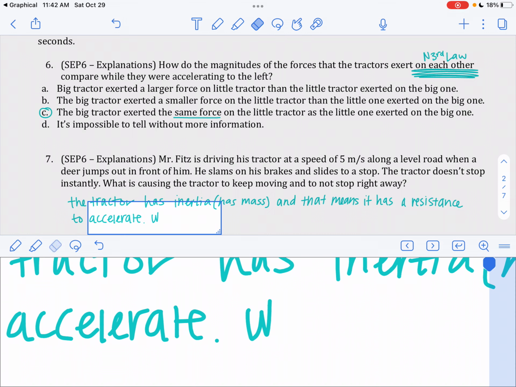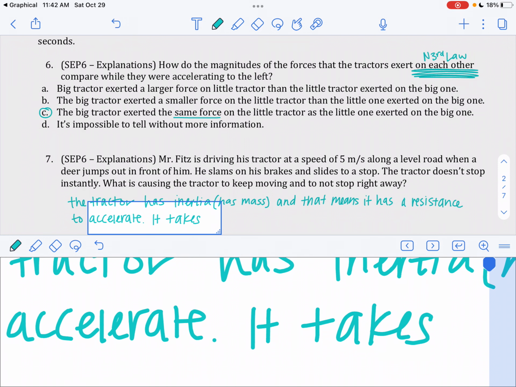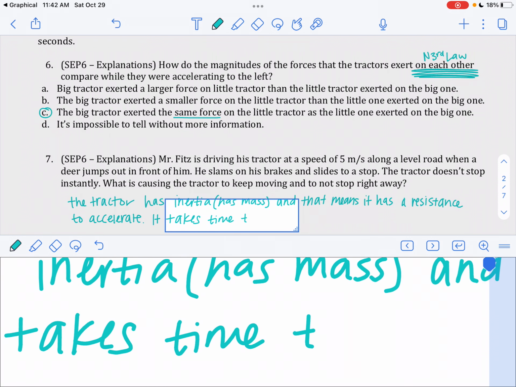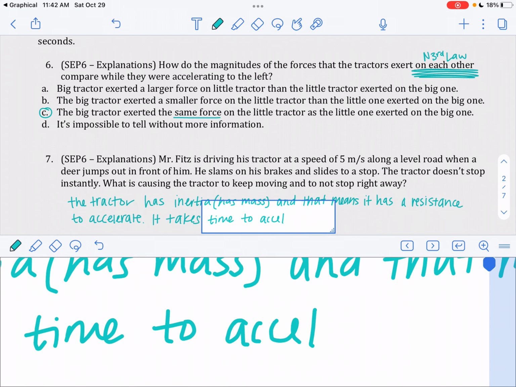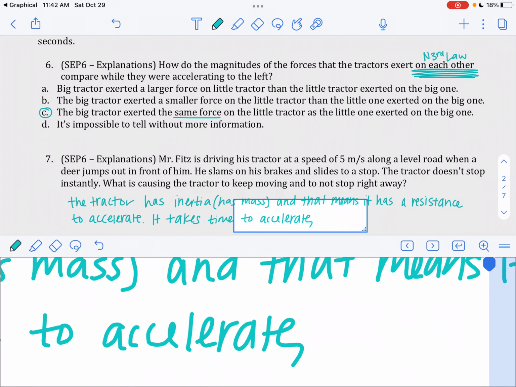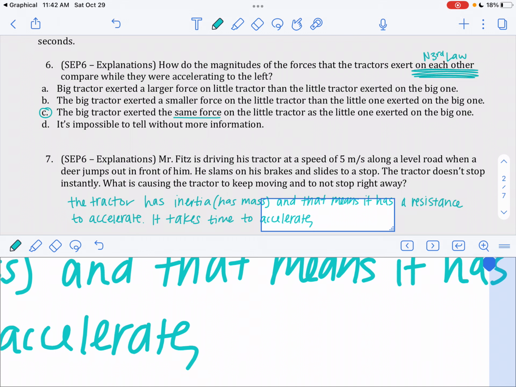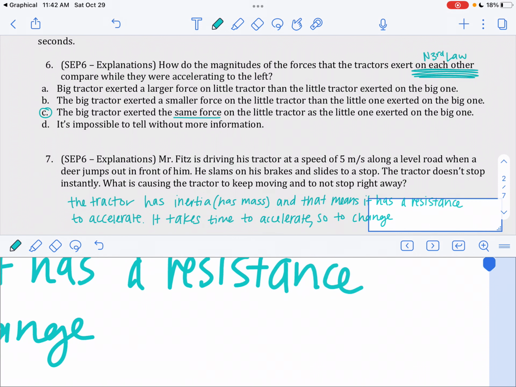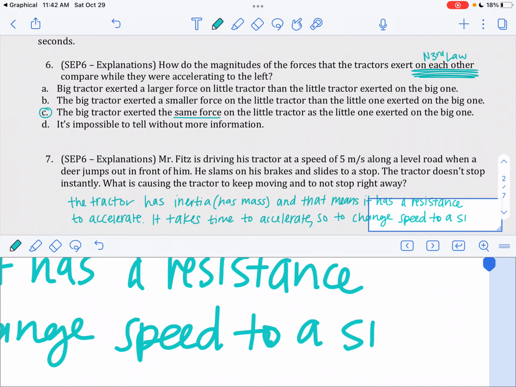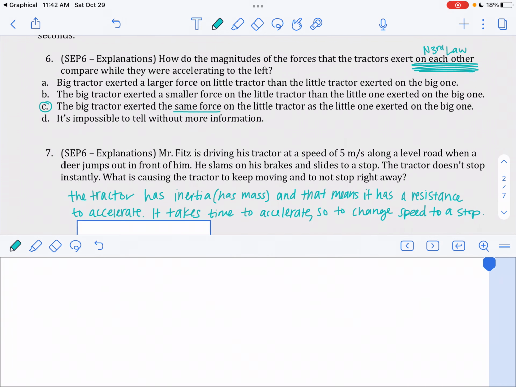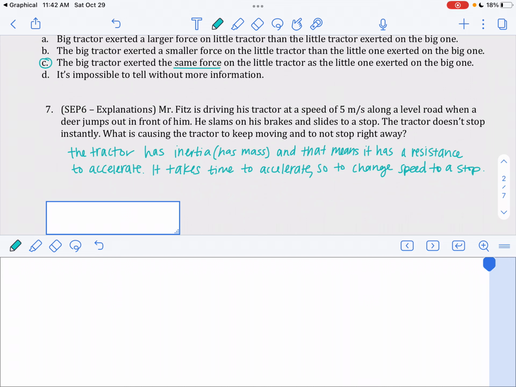It takes time to accelerate and to change speed. So basically it just takes time to accelerate. They can't just stop automatically because they have mass. So they have inertia, so it takes a while for them to actually stop.